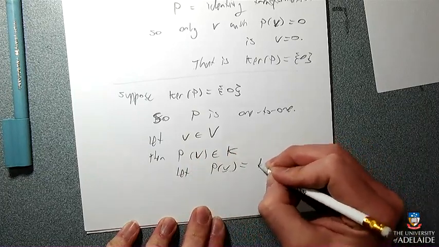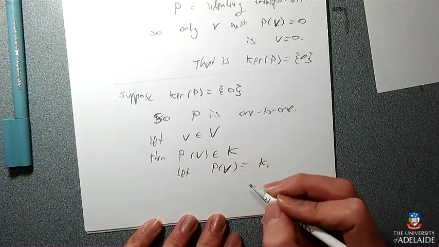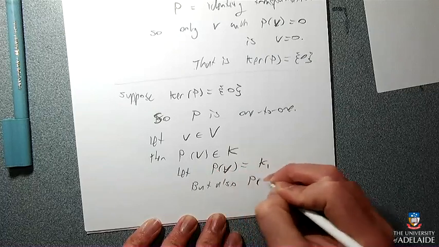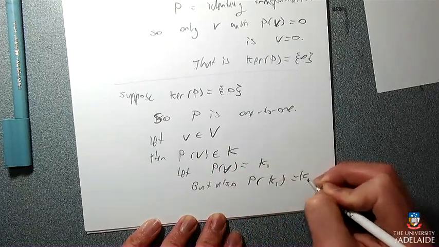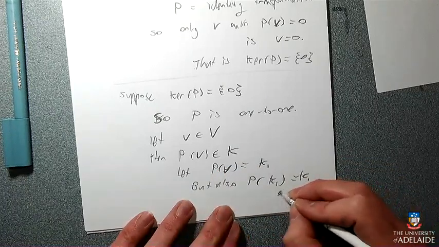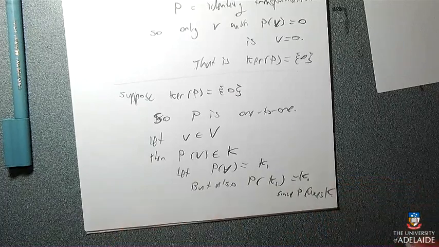Let us call it K1. But also P of K1 is K1, right? Because P fixes the entire of K. And that would mean it's not one-to-one unless V is K1.